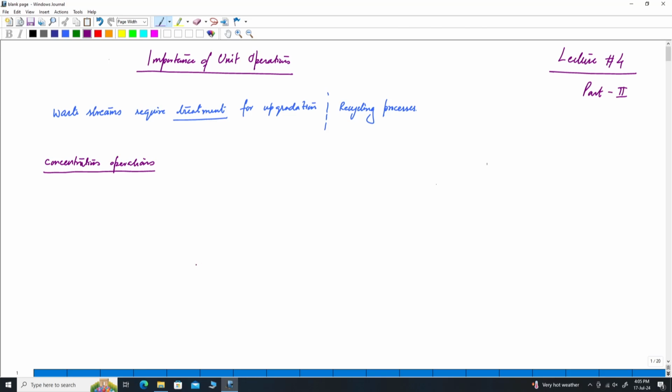So the key idea is basically identification. Identification of the waste streams and analyzing them.